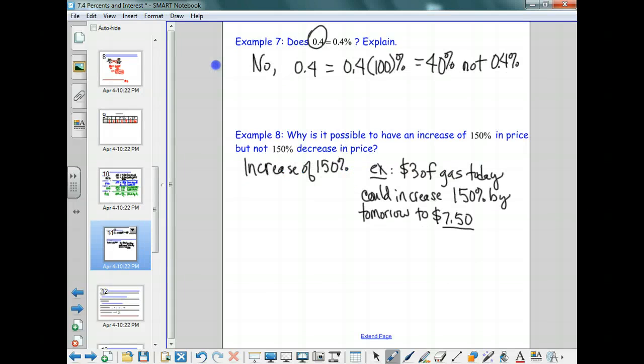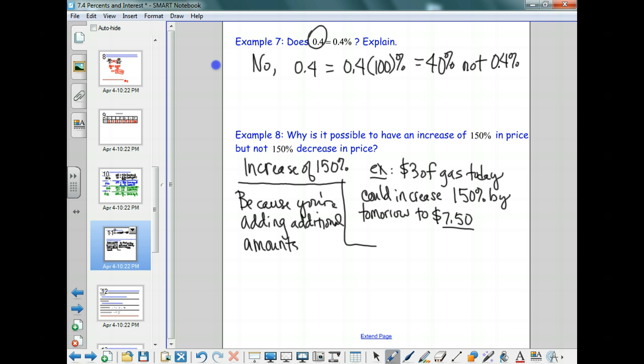So thinking about that, why is it possible to increase by 150%? The issue is because you're adding additional amounts to the existing value.